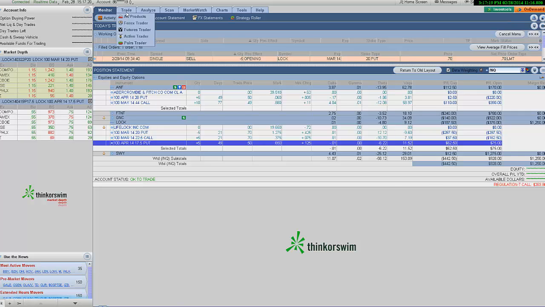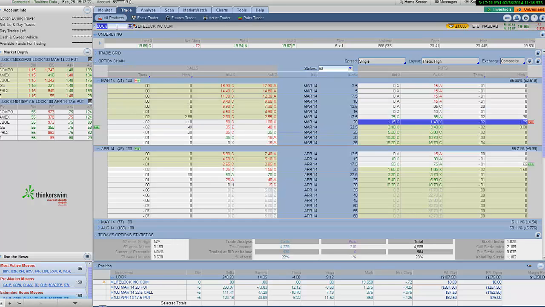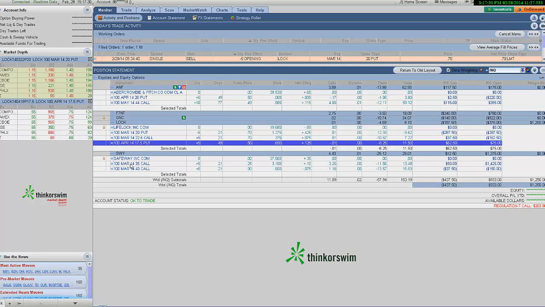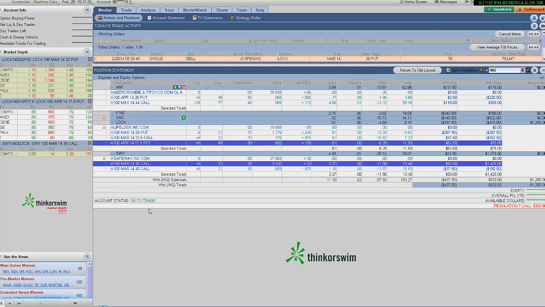And just to put it in perspective, if I was to look at one of the other trades that's heavily traded right now, like Safeway, and I say, show me the market depth, notice we have 1, 2, 3, 4, 5, 6, 7 exchanges trading Safeway options. So that alone can make the spread much bigger.